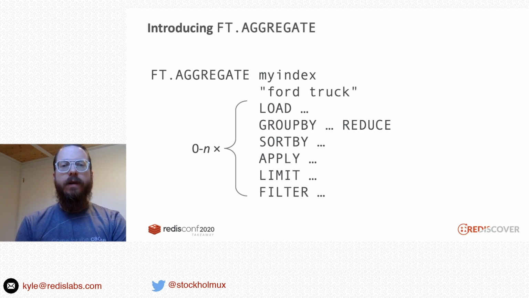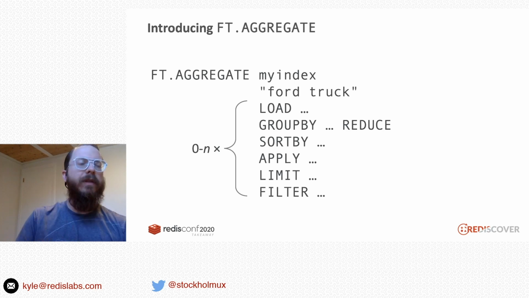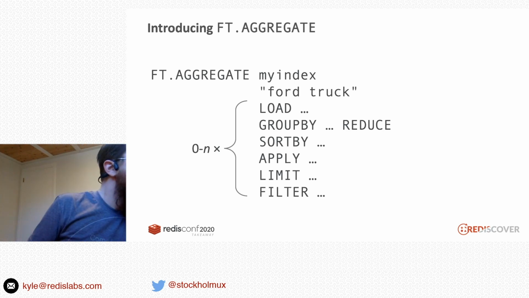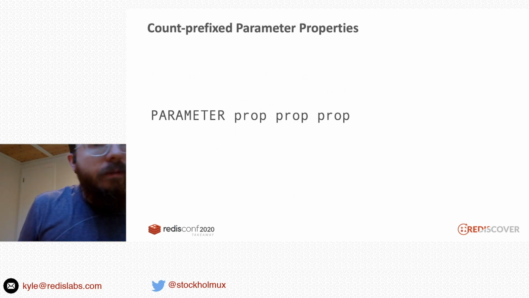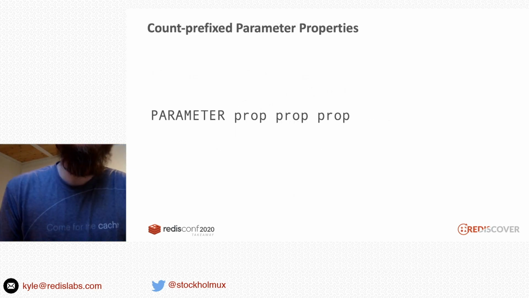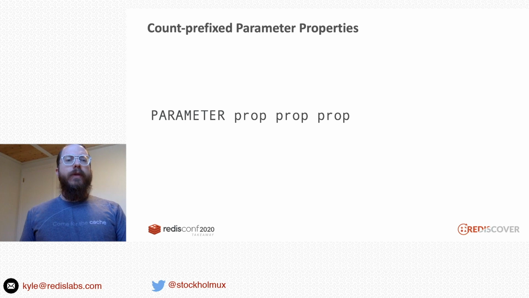The next thing we need to talk about is a particular syntax quirk that Redisearch has. It is sometimes used in other parts of Redisearch, but it's really prominent in the expression commands. We call them count prefixed parameter properties. That's a lot of P's, C, P, P, P, but it's a pretty easy concept.